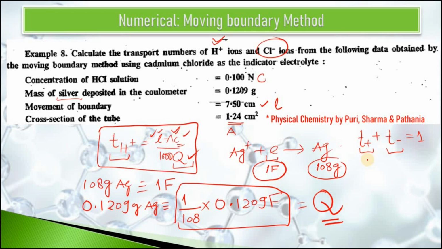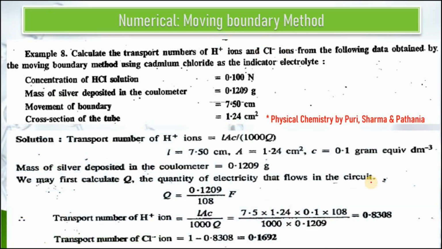So if we know T plus, that is the transport number of cation, we can easily calculate the transport number of anions by subtracting the transport number of cation from 1. So in the present case, the transport number of chloride ion will be equal to 1 minus the transport number of hydrogen ions.